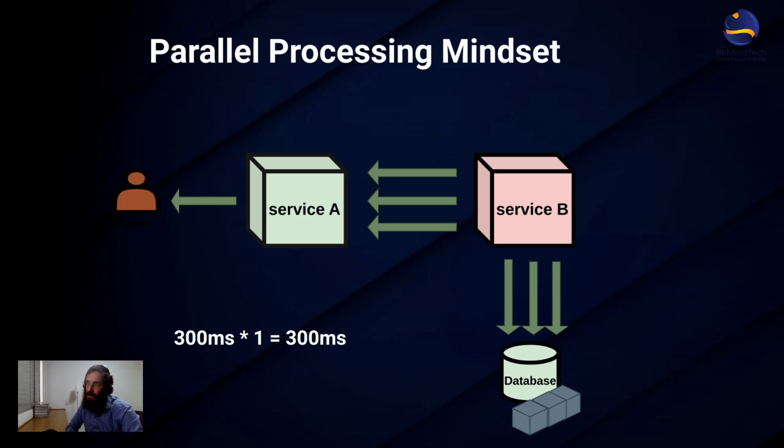Maybe the number can be a little different if service B does not process the requests from service A at the same time, but in order to show parallel processing, I try to show you that if indeed it was in a parallel way, we can say that it was just one request instead of three requests in a single thread operation.